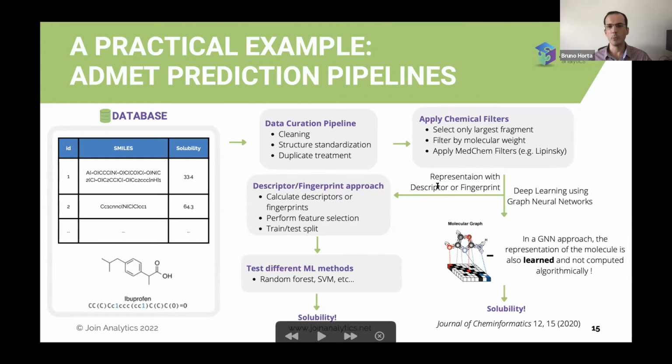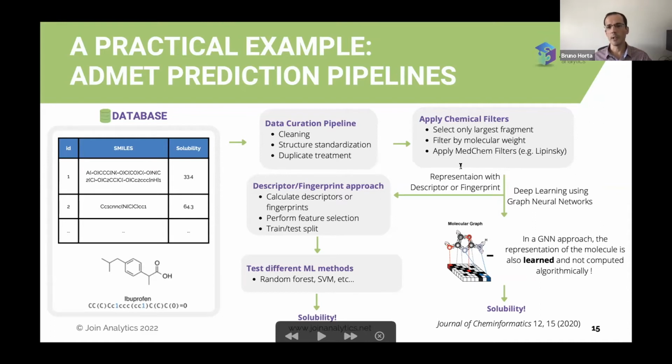And with these fingerprints or descriptor vector, then you can perform the training of your model. So you will give as input a vector with descriptors or fingerprints and train your machine learning model. And then you have a model that is able to predict solubility with a certain accuracy.